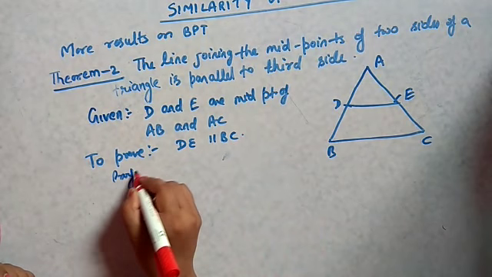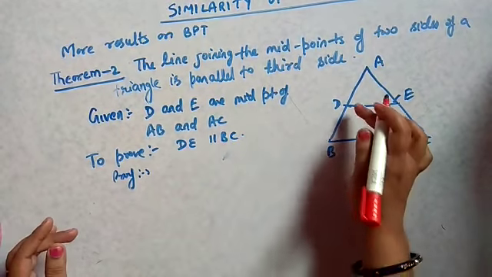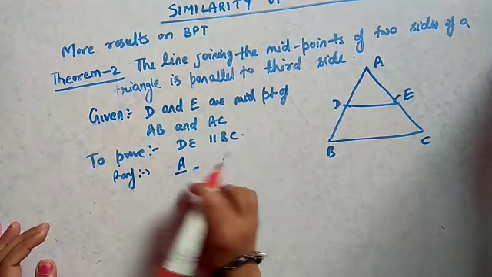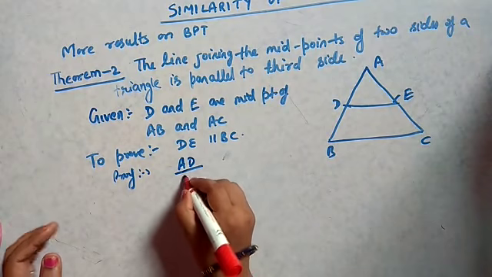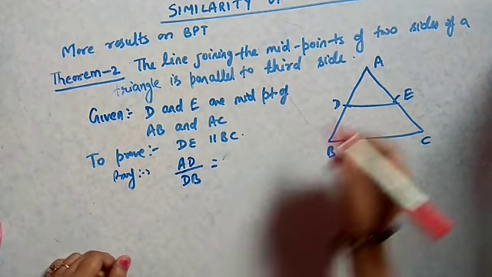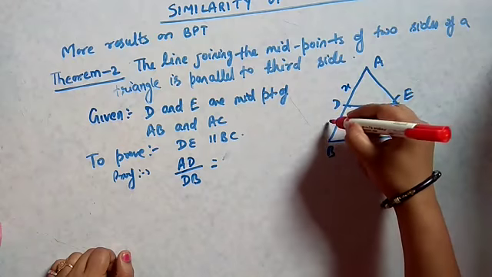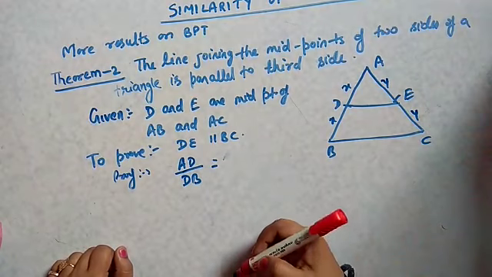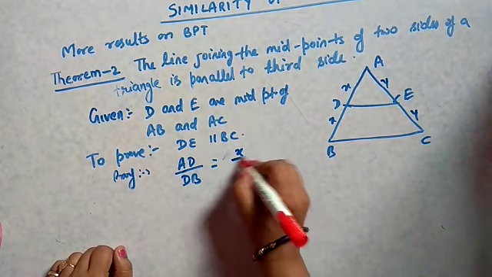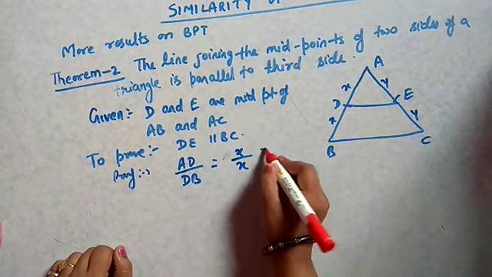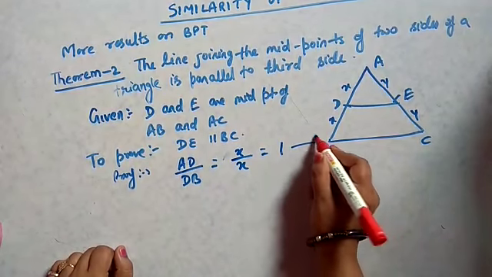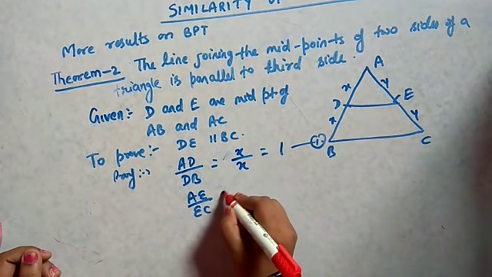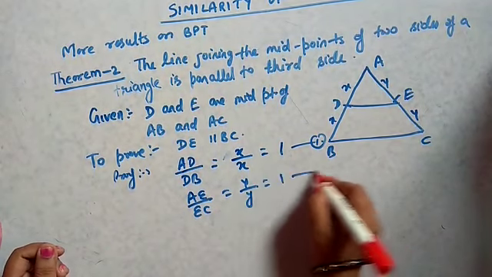So since D is the midpoint of AB, if I am finding AD by DB, since D is the midpoint, let this be X and this be X, and E is the midpoint, so let this be Y and this also Y. So in place of AD I can put X, in place of DB also I can put X, I will get 1. This is equation 1. In the same way, AE by EC equals Y by Y, that is 1.